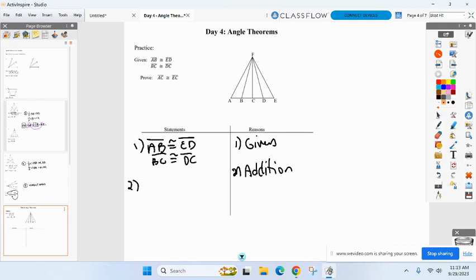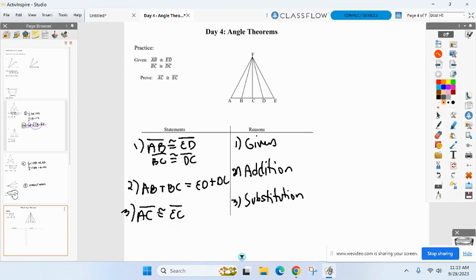I already have two quantities in the givens that I need to add together. Okay, so nice work. Any questions?